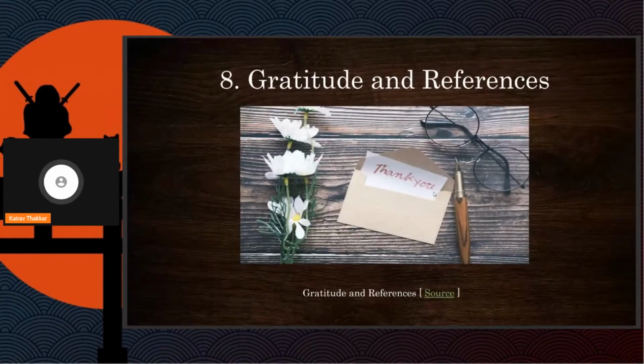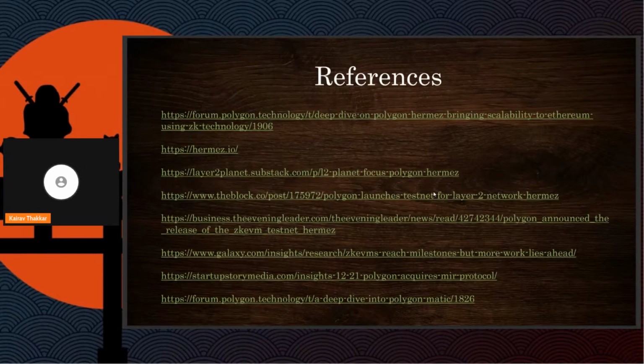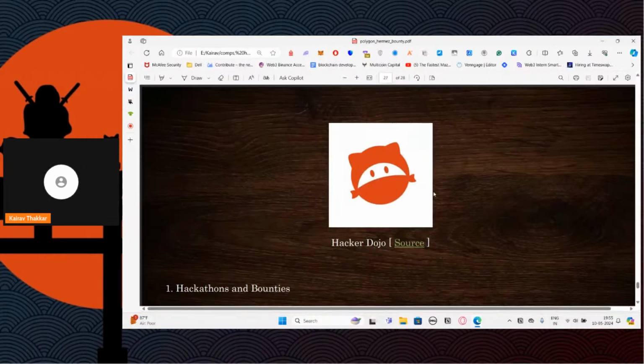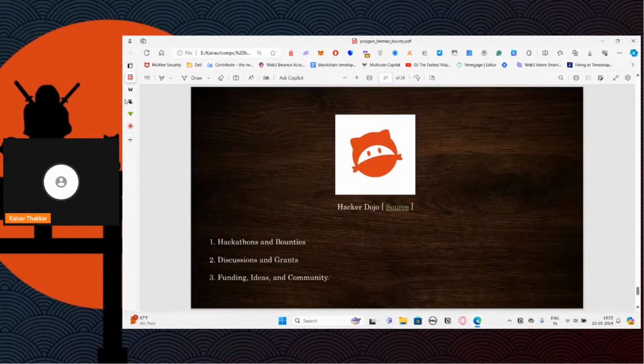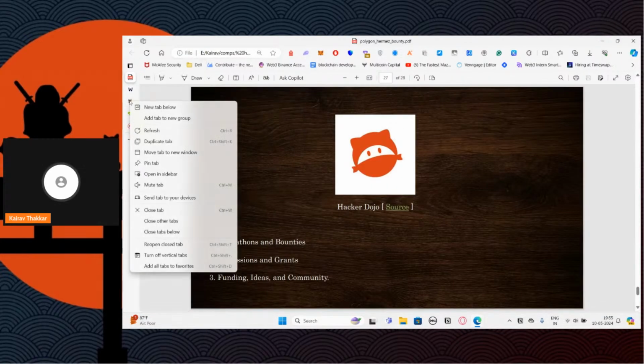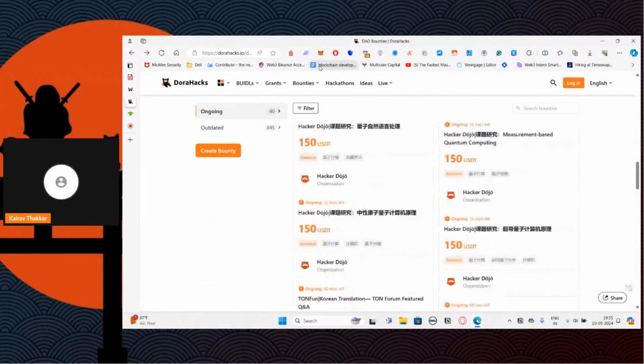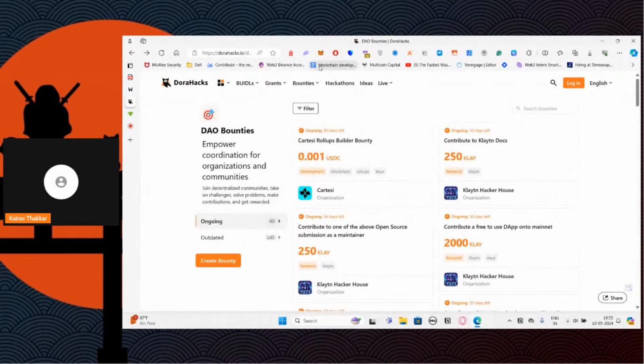Now, let's move towards the references. These are the resources that I used for understanding the Polygon Hermez technology and the Polygon ecosystem. Huge thanks to Thakkar Dojo. I showed the site, so people can look into the different hackathons and grants that Thakkar Dojo provides under DoraHacks.